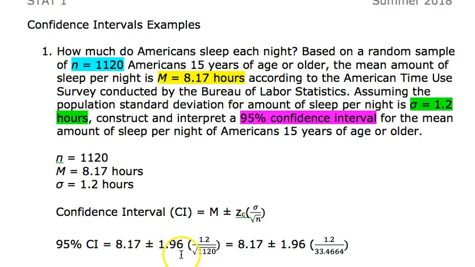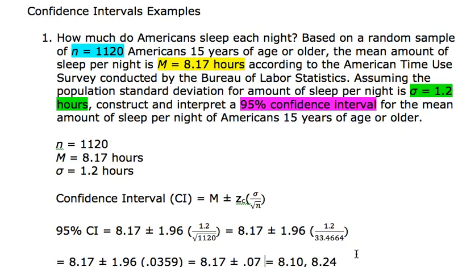So 1.96 times sigma, which is 1.2, divided by the square root of n, which is 1,120. And so the next step is to simplify this, or at least take the square root out. So 8.17 plus or minus 1.96 times 1.2 divided by 33.4664.